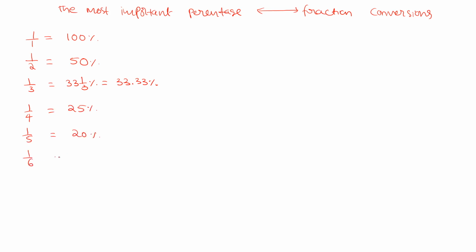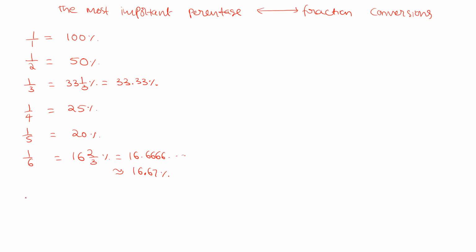1 upon 6, the most important fraction, that is 16 2 by 3%, or we can take it as 16.6666 and so on, or we can take the approximate value of 16.67% when it is required.